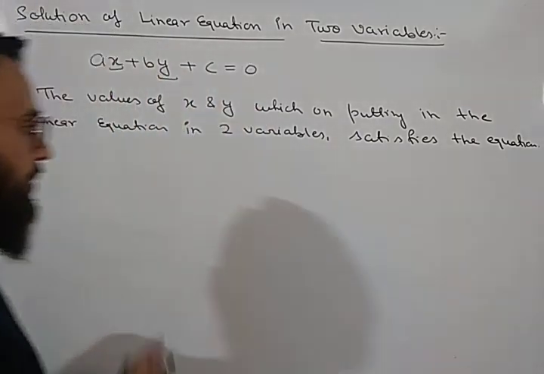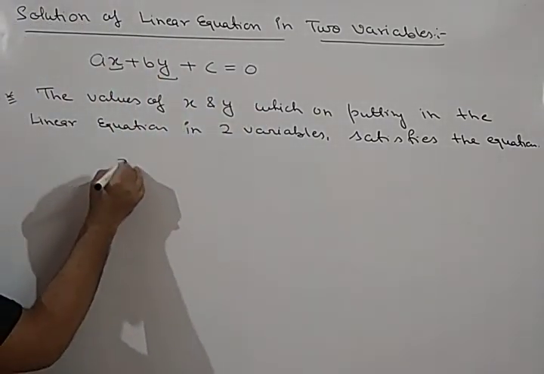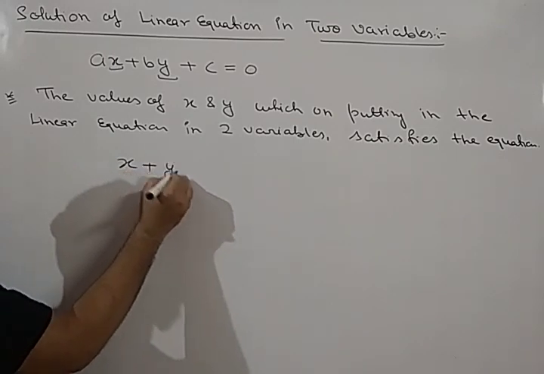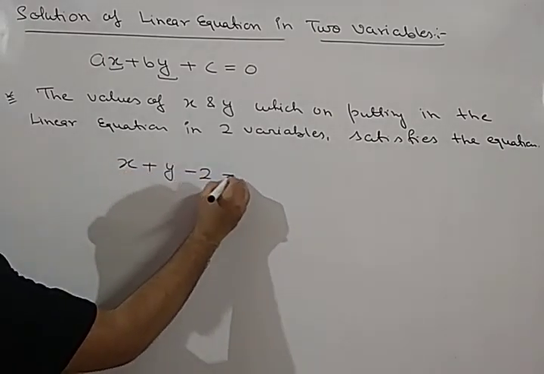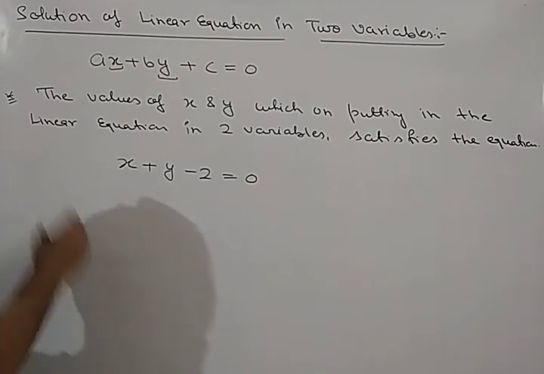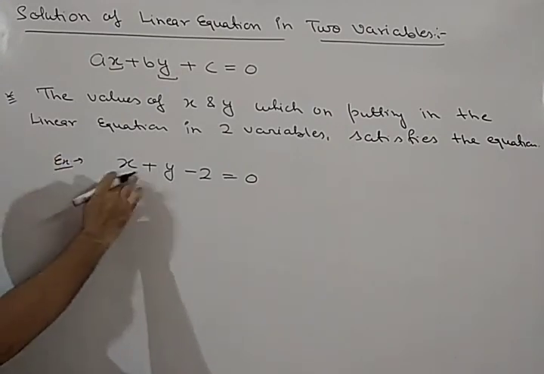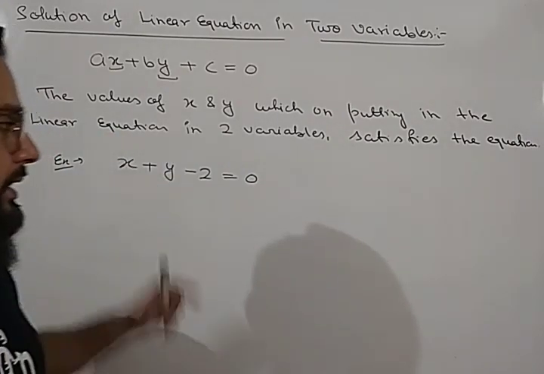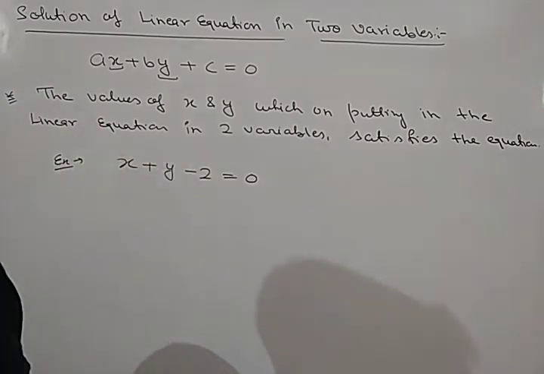Okay, let us take an example. Suppose we are given the equation x plus y minus 2 is equal to 0. This is a linear equation in two variables.